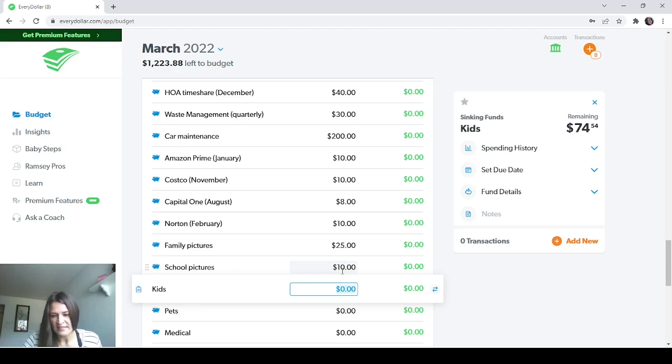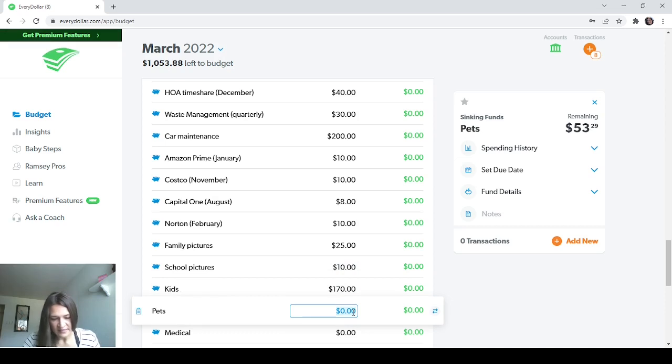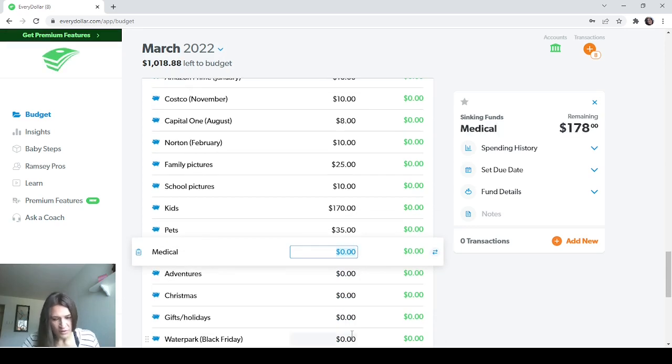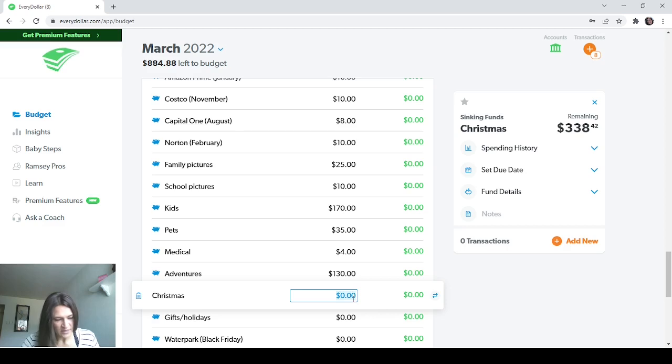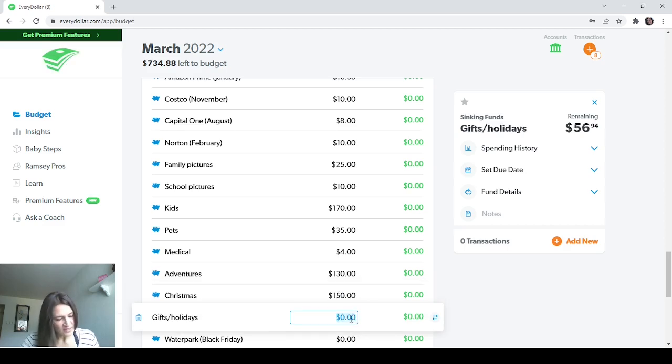Next is kids. This is a constant. And then we have pets. It's going to be 35. Medical 4. Adventures is 130. Christmas gets 150. Gifts and holidays is 200.